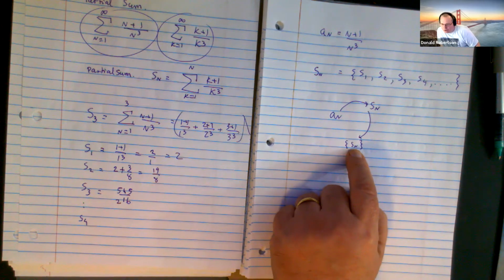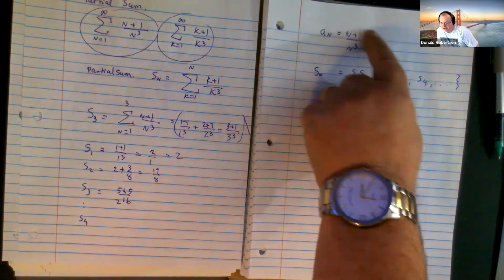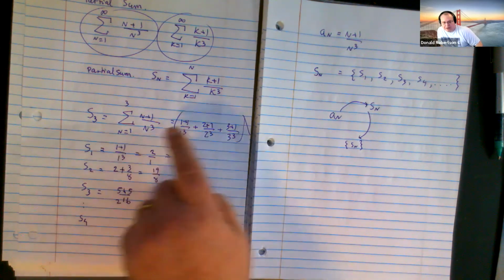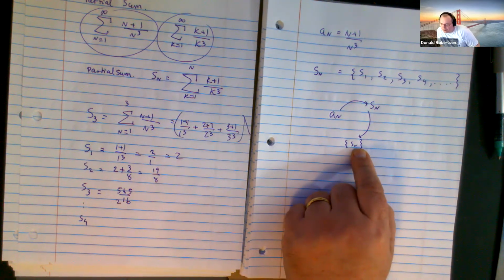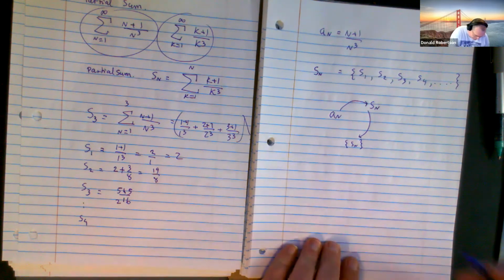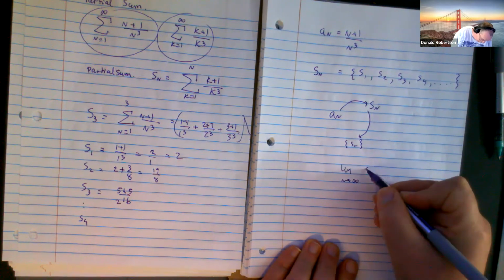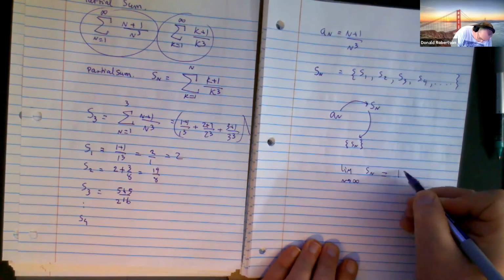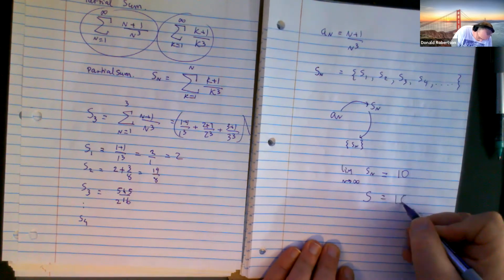If you wanted to know, does this series, what you get when you add them all up, does it work? Couldn't you find out what the partial sums are? And if the limit as n tends to infinity of the partial sums is a number, let's say 10, doesn't that make S, the series, add up to 10?